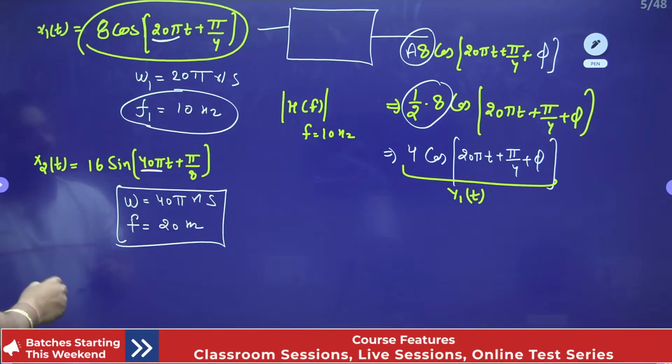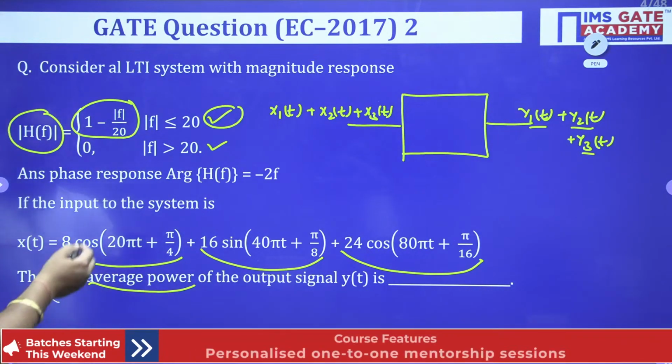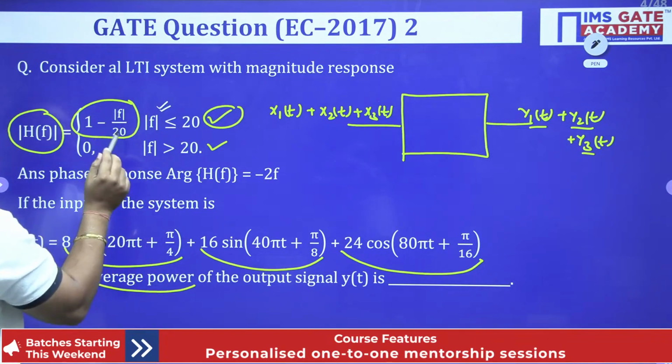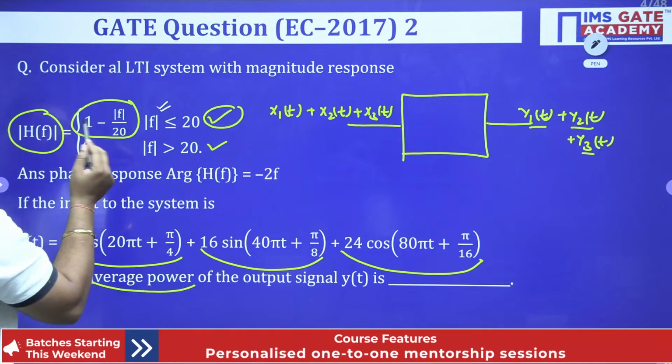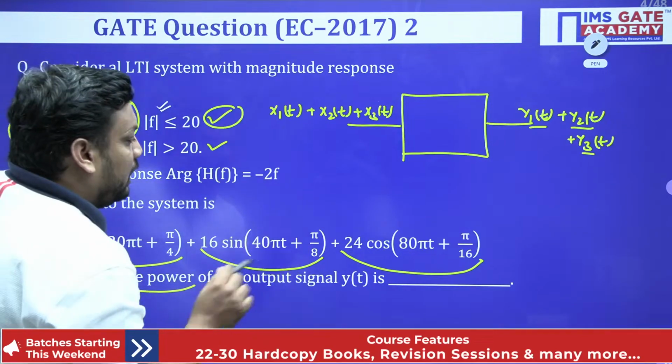Yes or no? So if the frequency is 20 hertz, now what you need to do? If the frequency is 20 hertz, it will come in which category? In this category only. So 20 upon 20, so 1 by 20 upon 20 is 1. 1 minus 1 is 0. It means the amplitude for the y2t part will be 0 only.